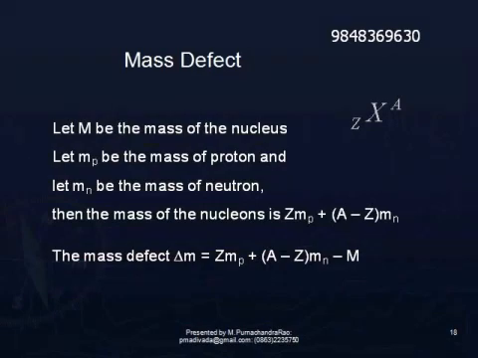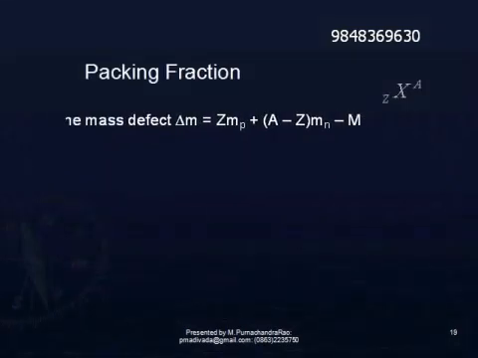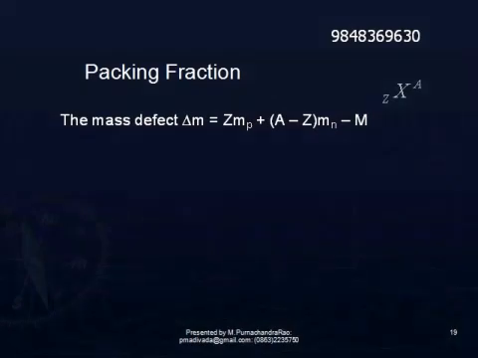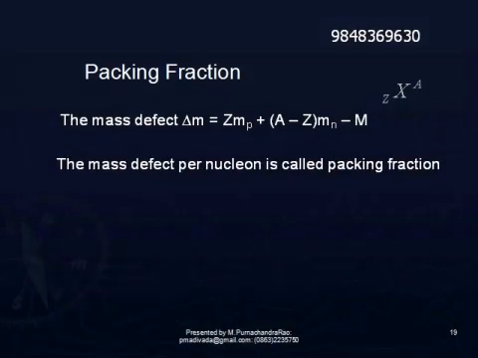So Z Mp plus (A minus Z) Mn represents the mass of the nucleons, and the mass of the nucleus is taken as capital M. Therefore the mass defect delta M is equal to Z Mp plus (A minus Z) into Mn minus capital M.